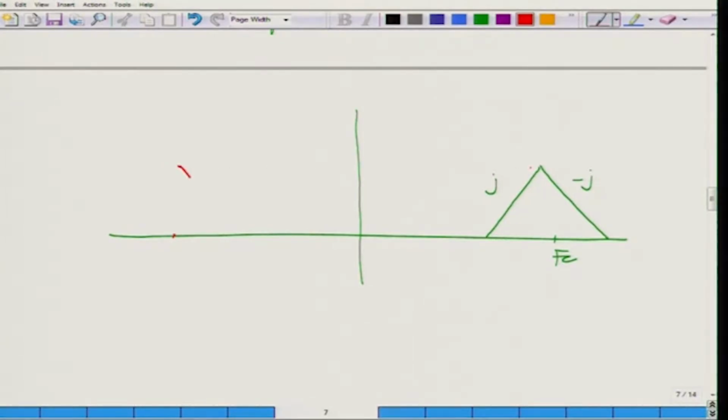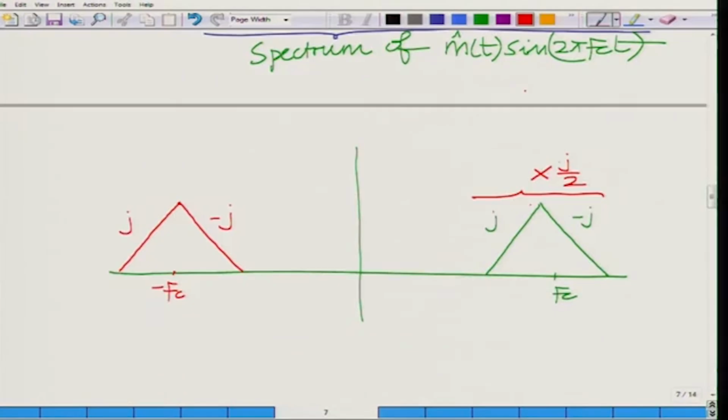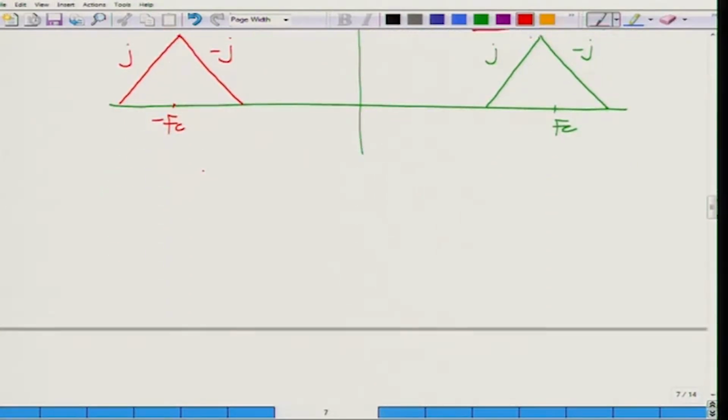Now, this has to be multiplied by minus j over 2, and this has to be multiplied by j over 2. Remember, you have to shift it to f c and multiply by minus j over 2, shift it to minus f c and multiply by j over 2.